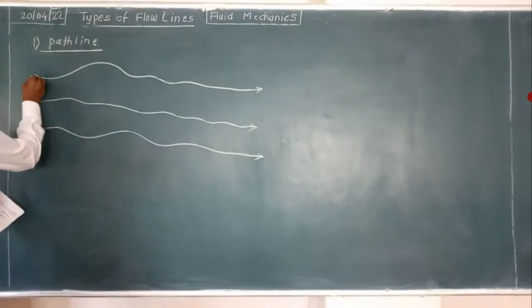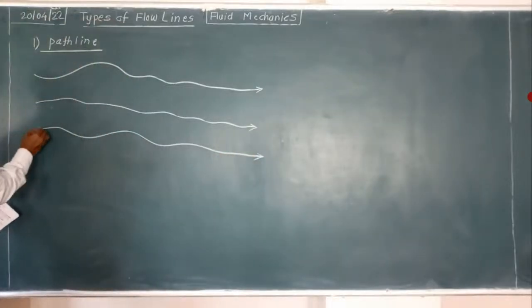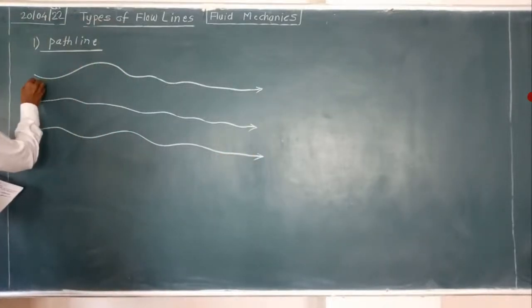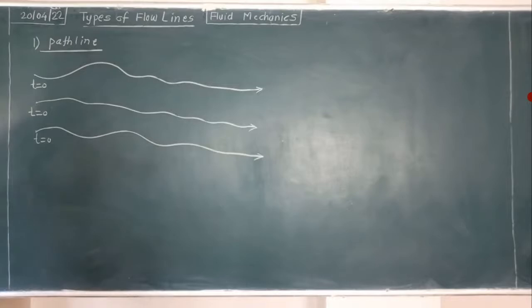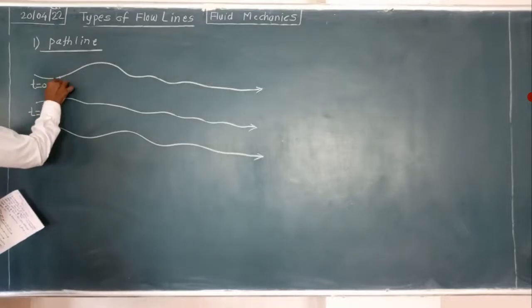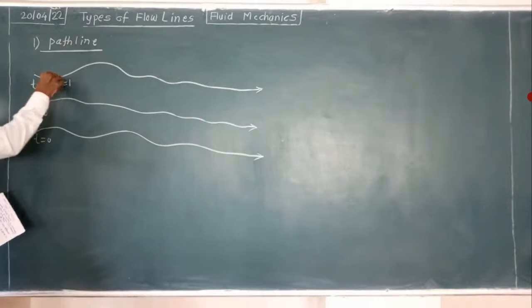As the flow is taking place, suppose the fluid particle has started at time t equal to 0, and it is following some path. It will follow the path at time equal to 1 second at this point.